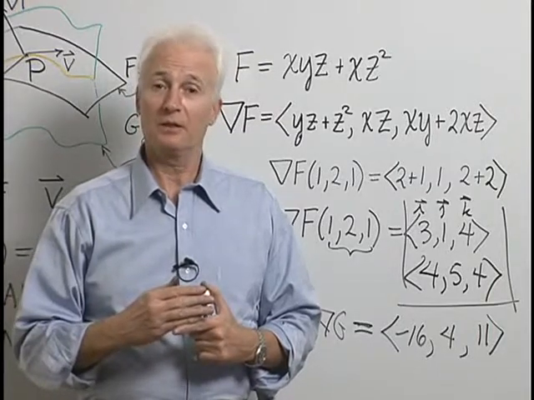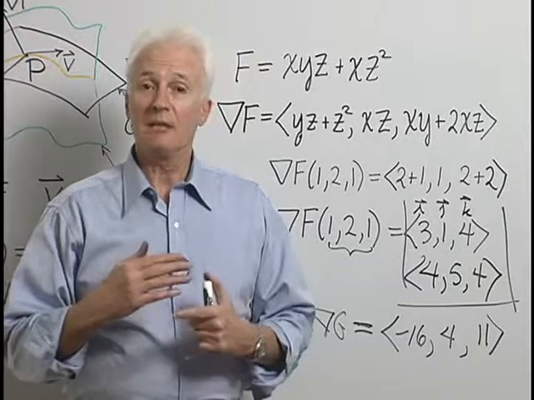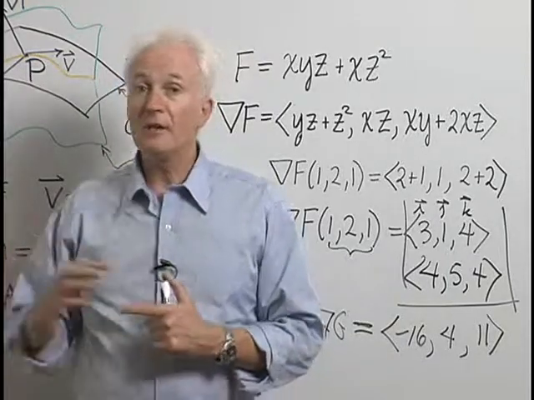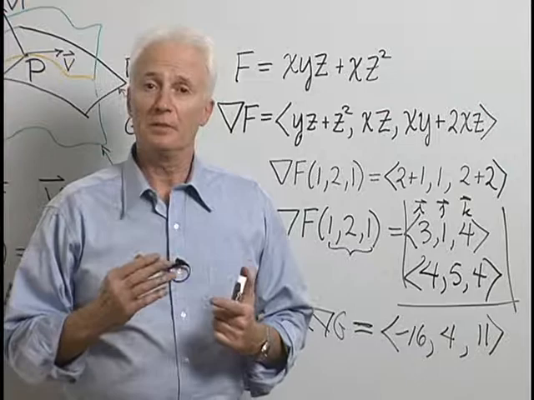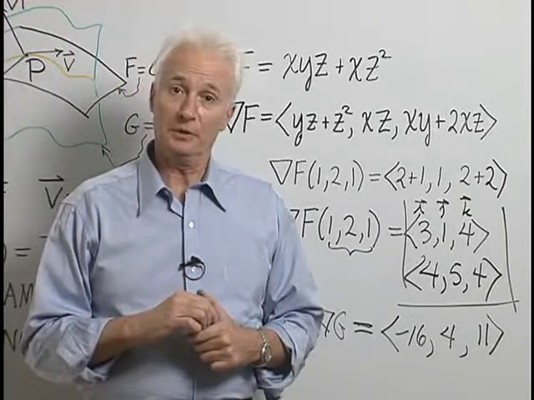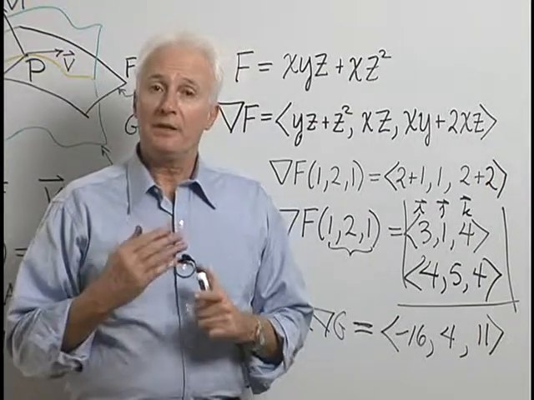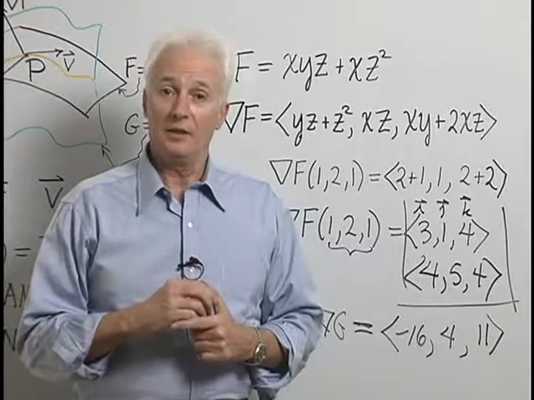That would be very difficult because you'd end up trying to solve equations simultaneously in three variables, two equations, and it could very possibly be impossible to do in closed form. So this method of using the gradients is the way to go here.